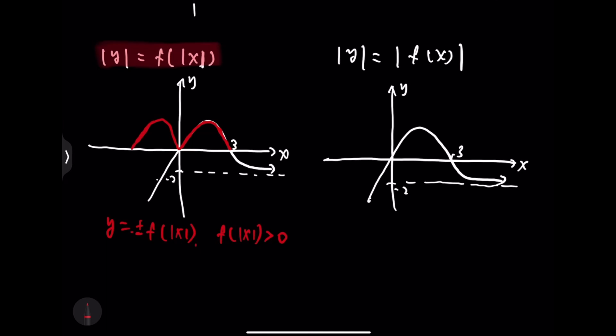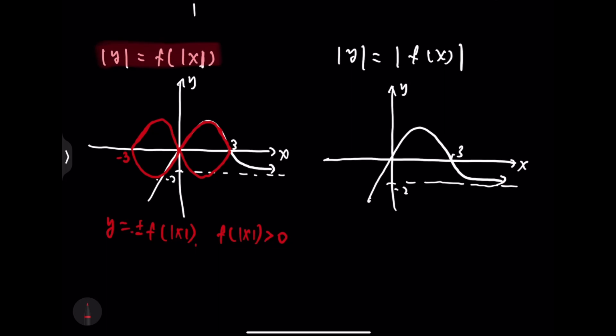Then we have y equals positive of this and y equals negative of this. Negative of this means we're reflecting the whole red part on the x-axis. So that's the one, and that's the one. That's it for that, and the number here will be -3.